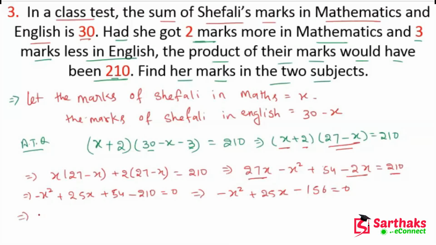So this will become x square minus 25x plus 156 is equal to 0. This is the quadratic equation. So our equation is x square minus 25x plus 156 is equal to 0.